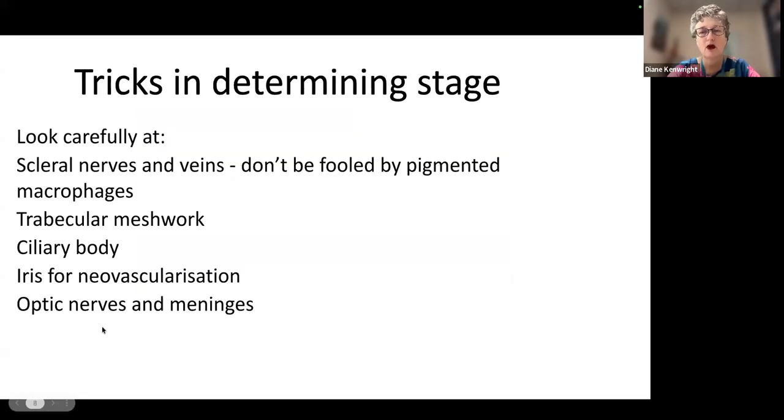All right. So often asked to stage a tumor. The biggest thing we've got to do is measure the base and the height. That's pretty straightforward. You can estimate this from your knowledge that the globe is generally about 24 millimeters long, but I don't think you're going to be asked to stage it on the fly in an MCQ exam.